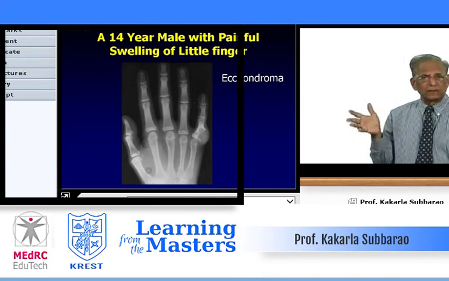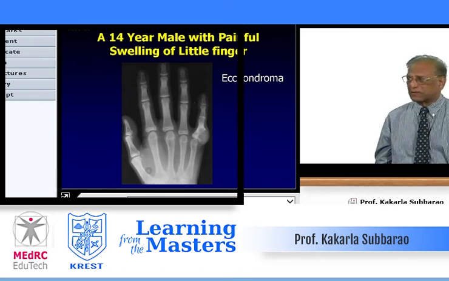This is a single echondroma. Occasionally there may be an exostosis projecting out, either sessile or pedunculated, but this is a chondromatous lesion and eccentric. You should write eccentric chondroma or echondroma. Even if you write chondroma, you will be correct in your answer.